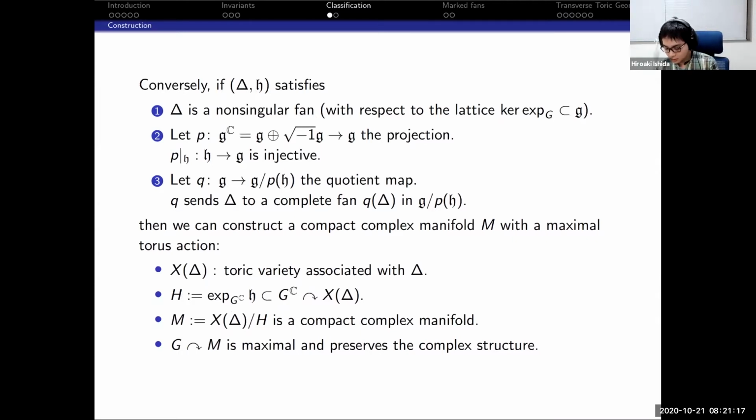Moreover, the action of G on the toric variety descends to the action of the torus G on the quotient manifold, which is maximal and preserves the complex structure.